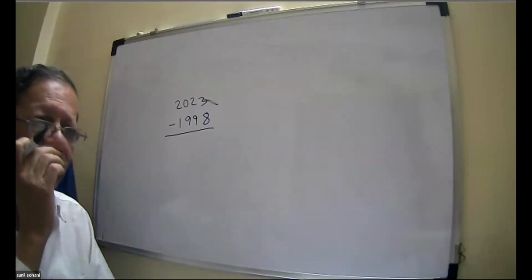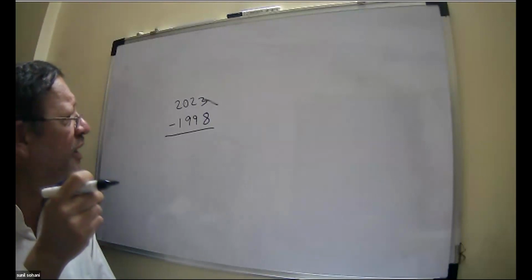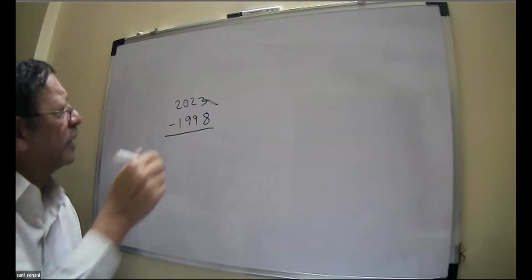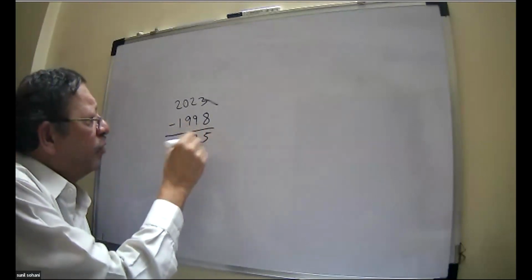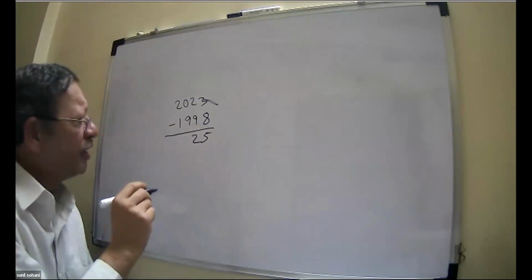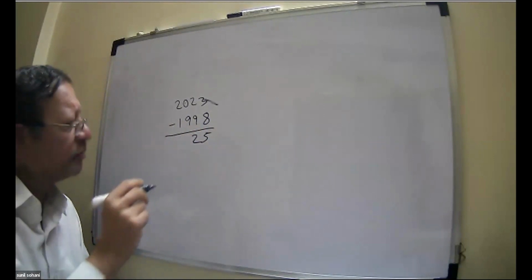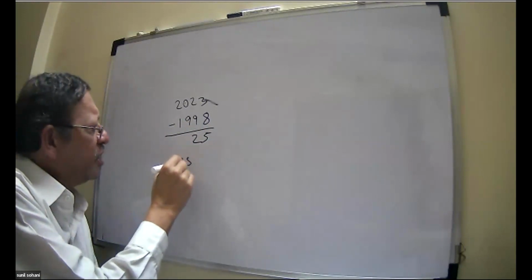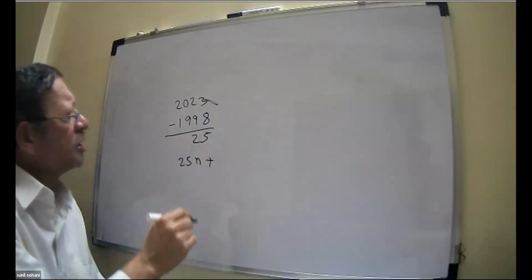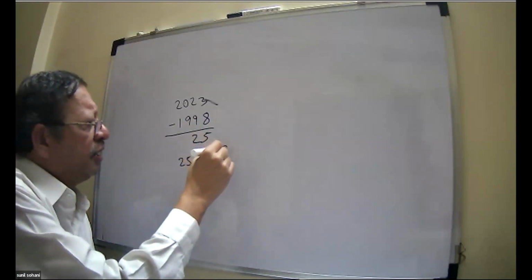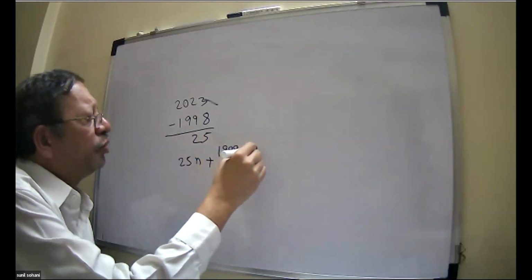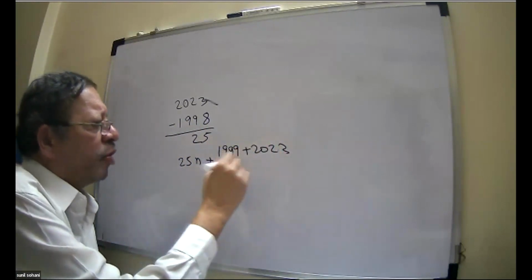So instead of subtracting 1999, I am subtracting 1998, a number previous to that, so you don't have to add one. This subtraction gives 25 numbers, and 25 numbers means 25 n's are involved, plus the sum starting from 1999 till 2023, divided by 2.